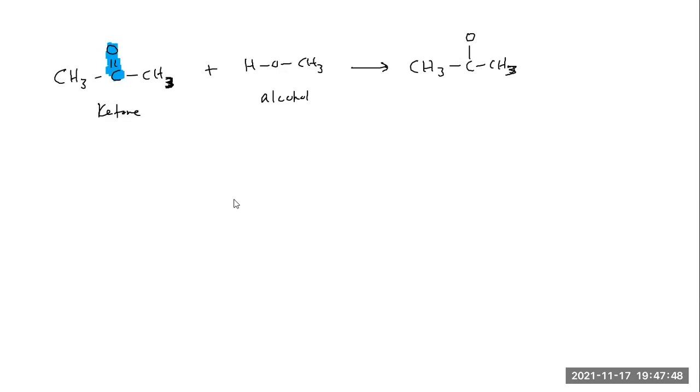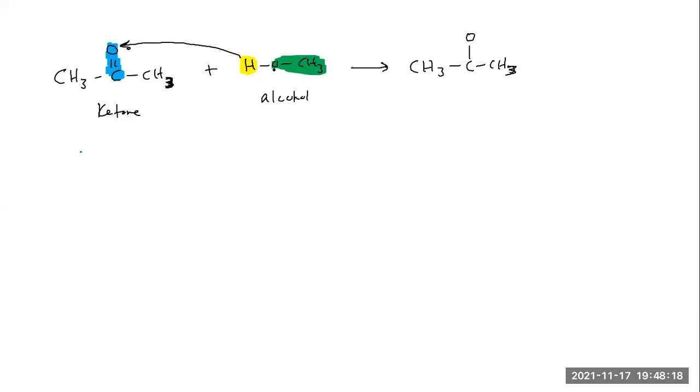And the purpose of that is so our alcohol can add, and our alcohol will add exactly like it did with the aldehyde. It's going to add an H, and it will add that oxygen carbon part of it, which will go with this here. So just like before, the hydrogen is attracted to the oxygen because it's kind of positive and oxygen is kind of negative.